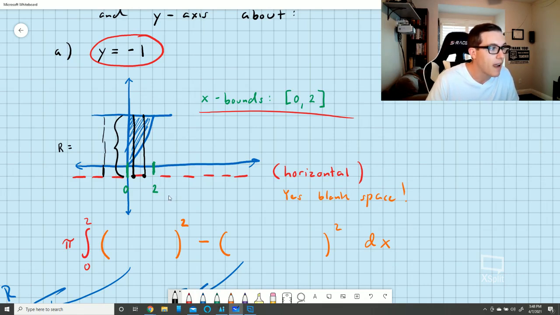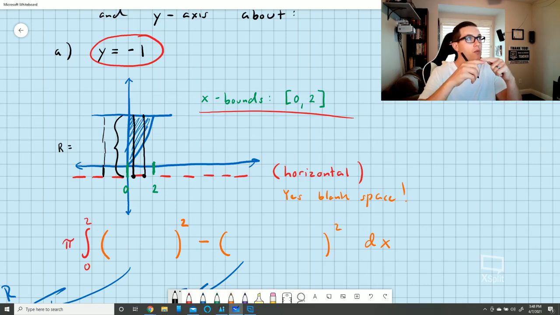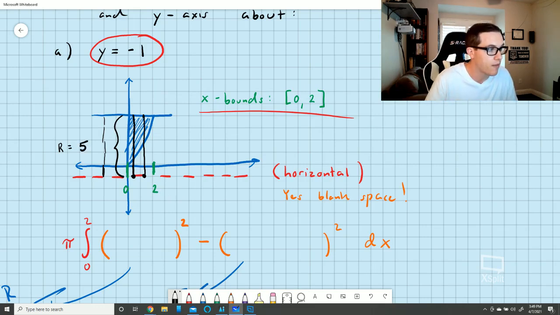It's 5, and then it grew by 1 because we are rotating it down a little bit. We have put kind of a hole in it. So big R in this problem is 5. You need to understand that topic right there. That's why I'm a really big fan of you drawing it and drawing your radii. Big R is 5 in this problem.